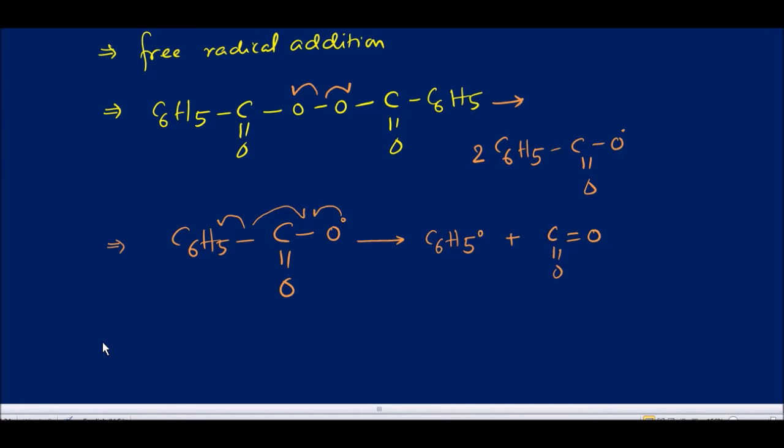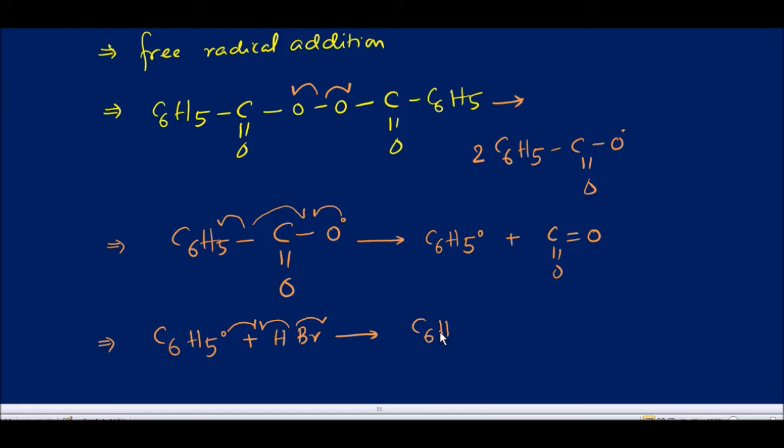So the C6H5 radical, when it is in contact with hydrogen bromide, is homolytically cleaved like this, and a bond is formed, taking up its electron.